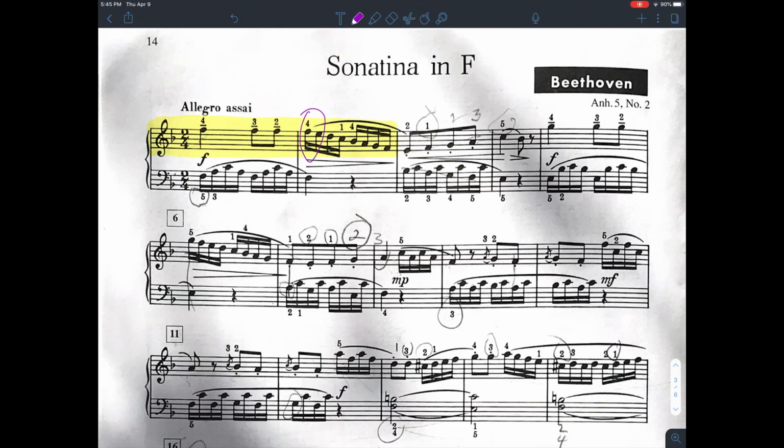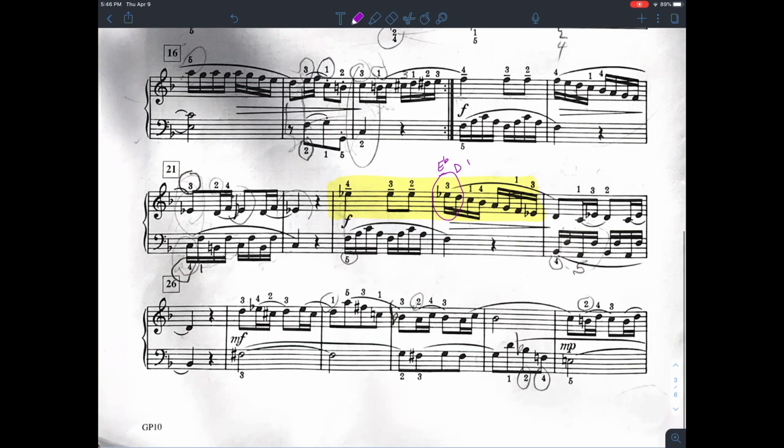Sonatina in F starts out with, and we have this F to E. Now we know that's a minor second because they're only one half step apart and we're counting two notes, F and E, so it's got to be a second. The same thing happens, the same interval, but it's on a different note.